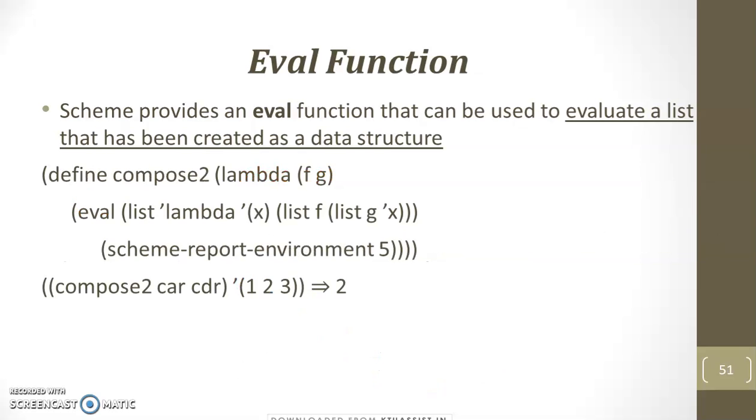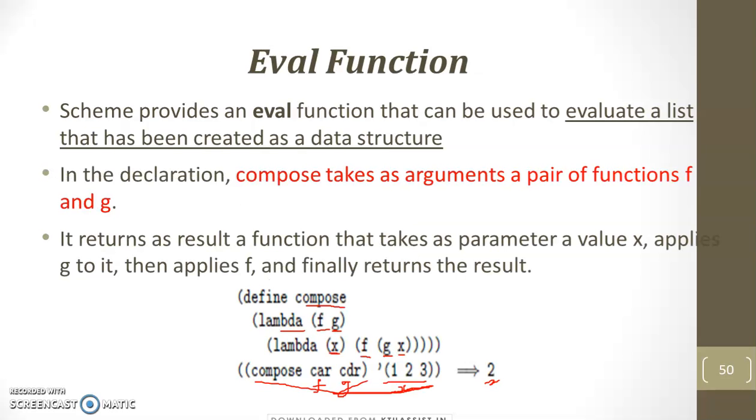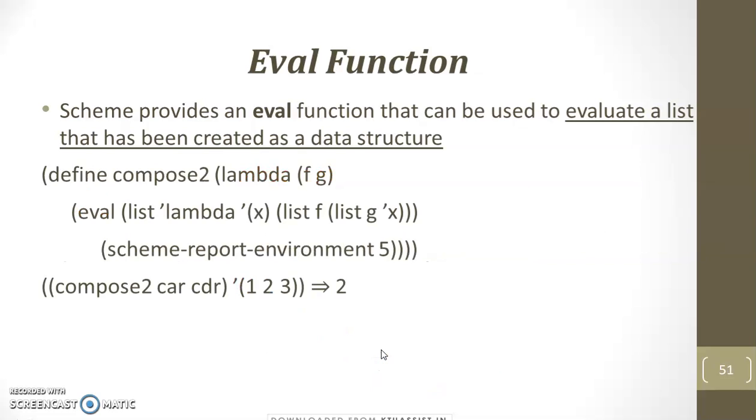Then scheme provides an eval function that can be used to evaluate a list that has been created as a data structure. So here a normal function is given, in which evaluation and everything will be done in the lambda expression. In scheme, the eval function will be used, which will have a list as parameters which is not evaluated.